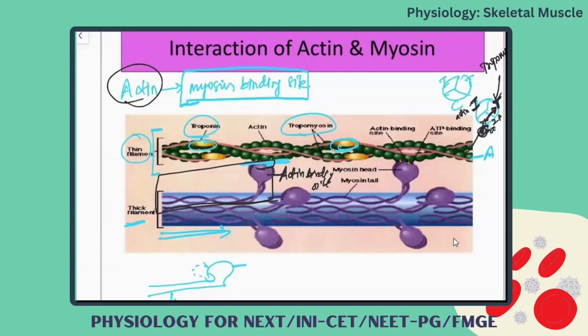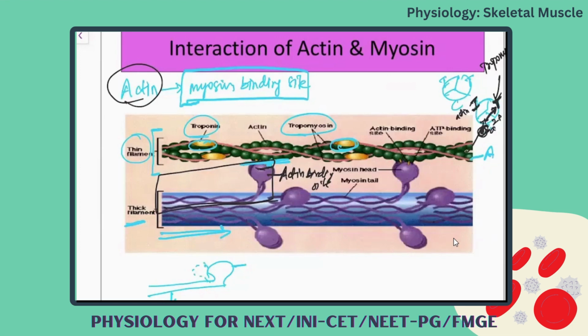For example, consider this is the thin filament. The same myosin binds, attaches, detaches, again binds, attaches, and then detaches, again binds, attaches. This will happen from both sides of the Z line. So on both sides, the myosin going and binding, attaching, makes the Z lines come closer.